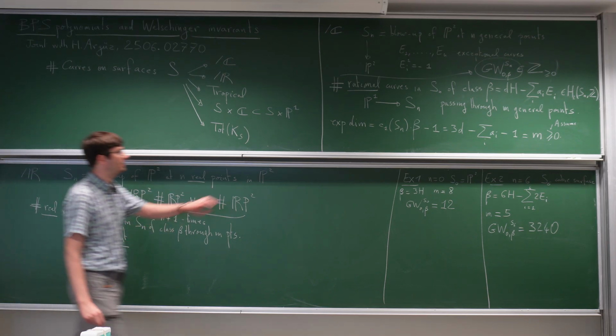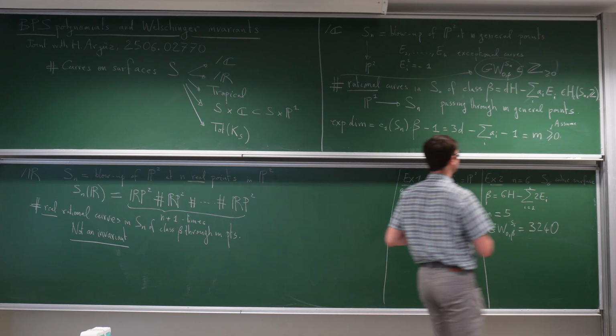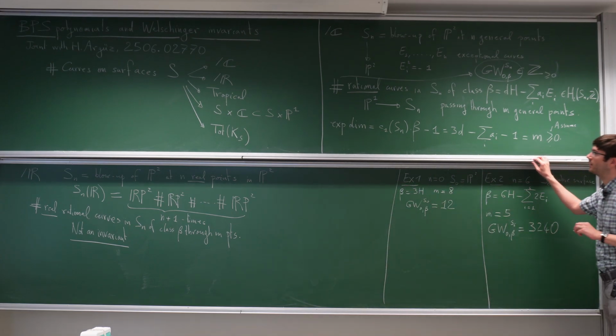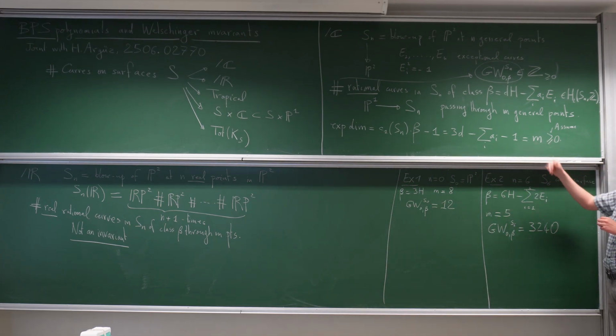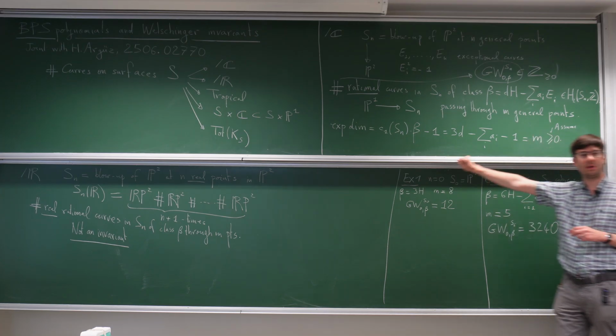In the complex case you get an invariant. One simple way to think about it is that in the complex case, when things are not general, it happens in complex codimension 1, which is real codimension 2. And so you can always go around if you follow some general path.